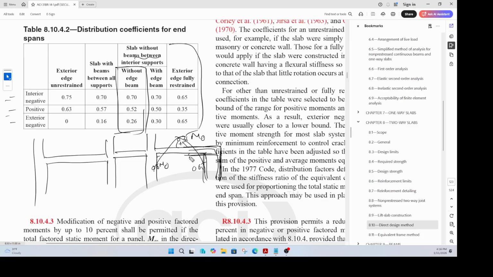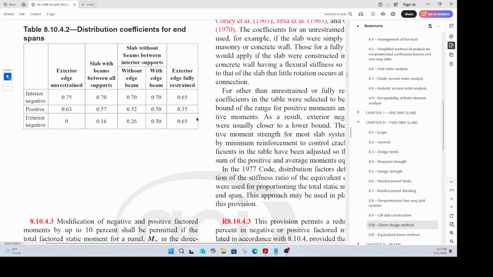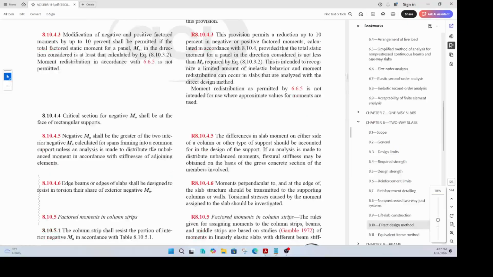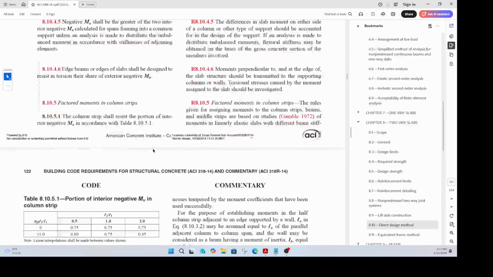Negative, positive, negative, right? So that's how you distribute your static moment. Okay. There's so much in the table, but there's not even one picture available. If there were a small picture, then life would have been pretty easy. Okay. So that's how you decide.